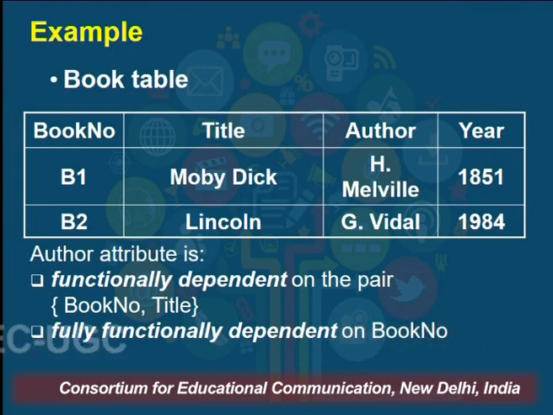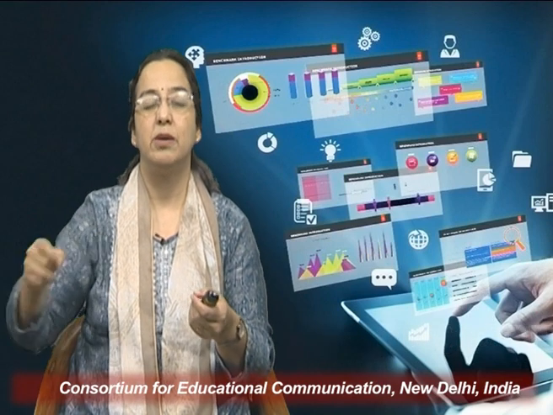The question comes up: can the author attribute be fully functionally dependent on the title also? We can say no, because books can have common titles and this could be a very common scenario. For example, Introduction to Database Management Systems is a very common title that many books can have, and different authors may have written these books. So we always say Introduction to Database Management System by so and so.